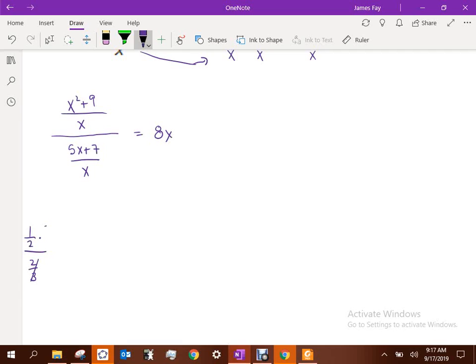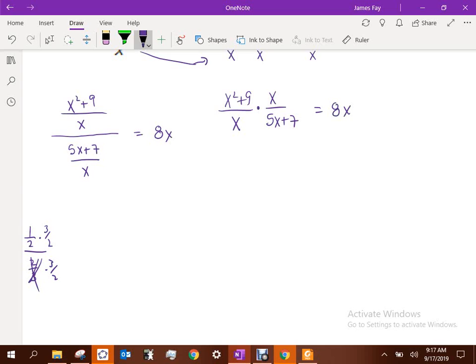You'd multiply by 3/2, right? And we really multiply both by 3/2. But we usually just say we cancel that one out, flip it up here. So can I do that here? Yes. So it's going to turn into x squared plus 9 over x times x over 5x plus 7, equal to 8x, right? Yeah.